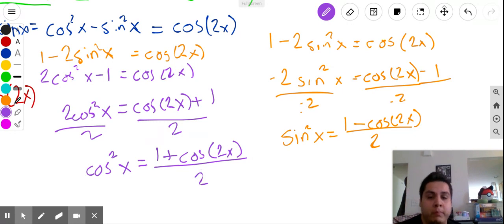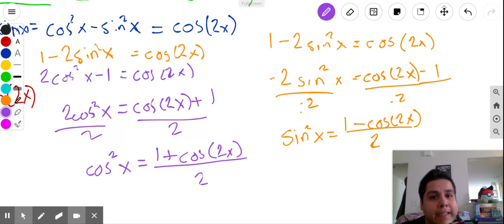So that way both purple and orange, it's 1 followed by a cosine of 2x. All of that gets divided by 2. The only difference is if it's a plus or a minus, which you can find a way to help you remember. So that's up to you.